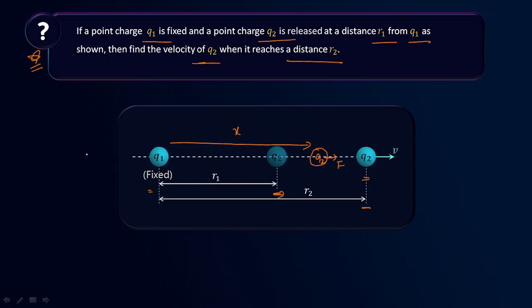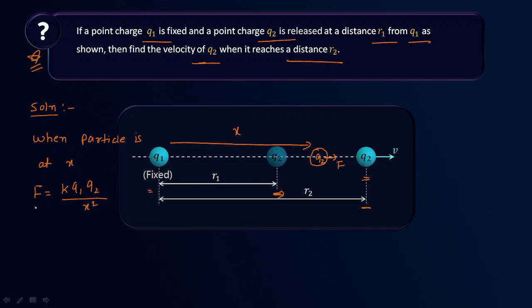So here now can I say that when particle is at distance x, so here force will be equal to how much? K q1 q2 divided by x square, right?